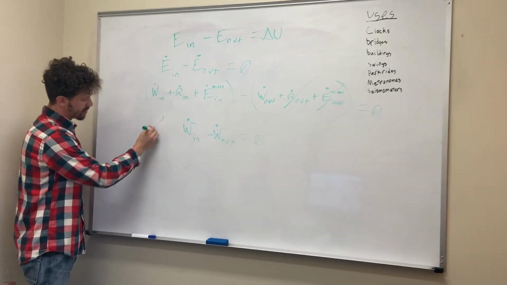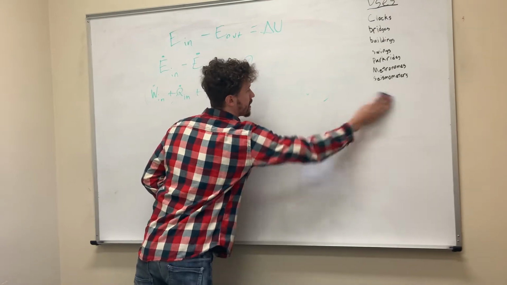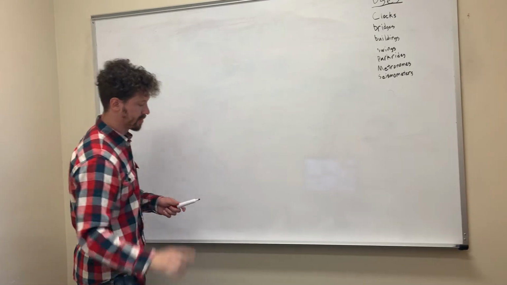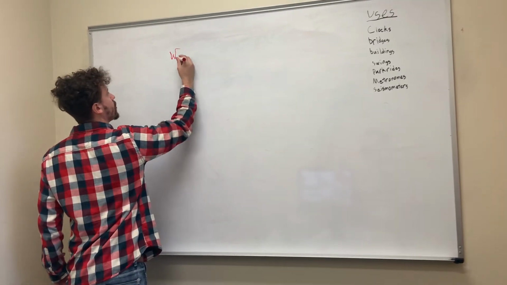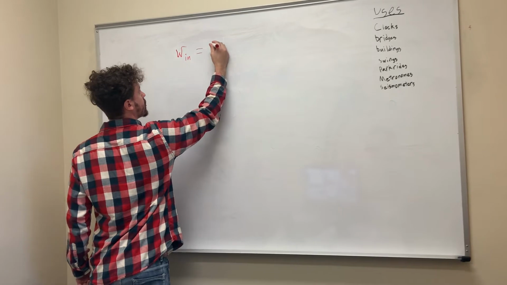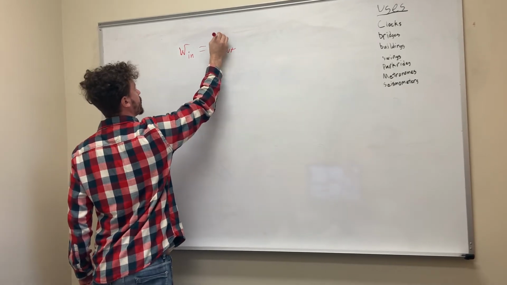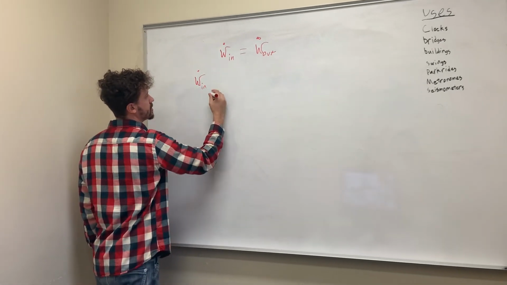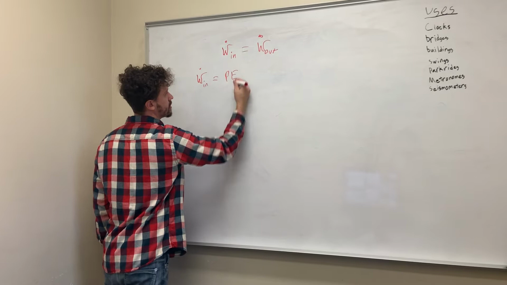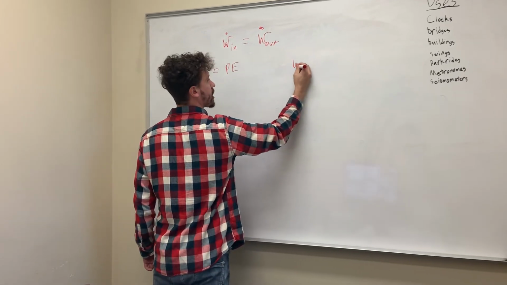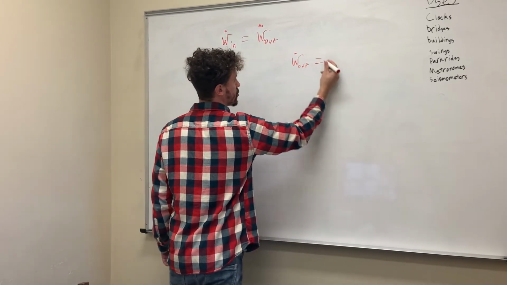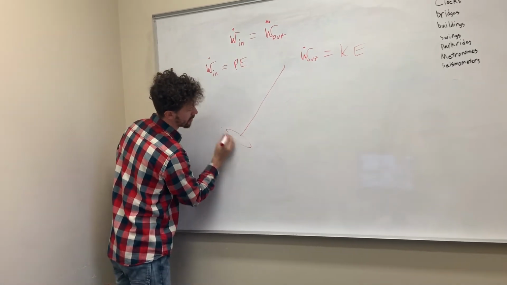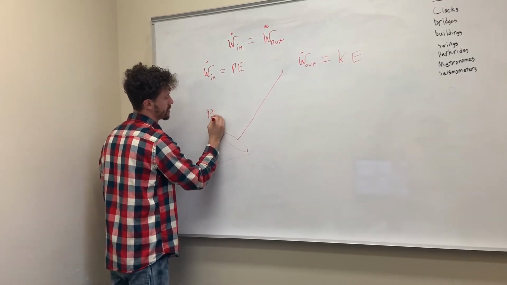We could say work in equals work out, rate form, assuming steady state, where work in is equivalent to the potential energy of the pendulum, while work out is a subsequent kinetic energy, which is observed here. This would be our potential energy.